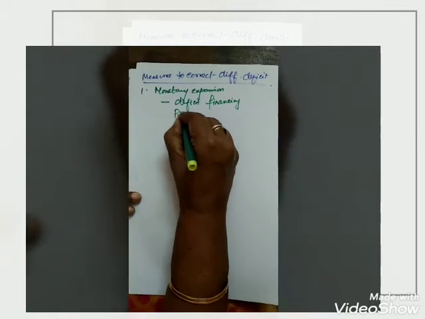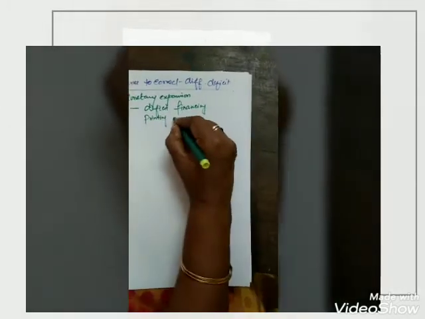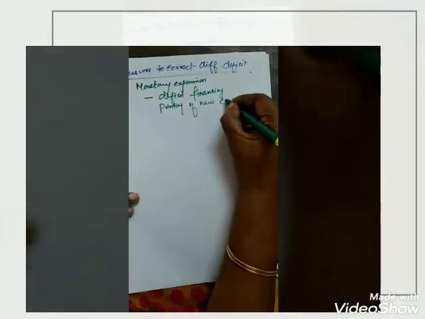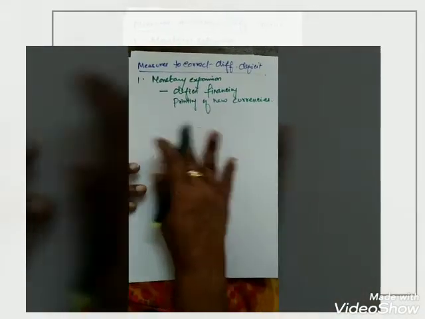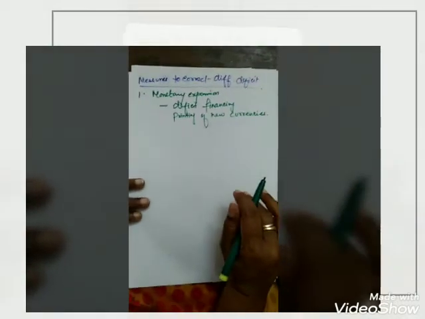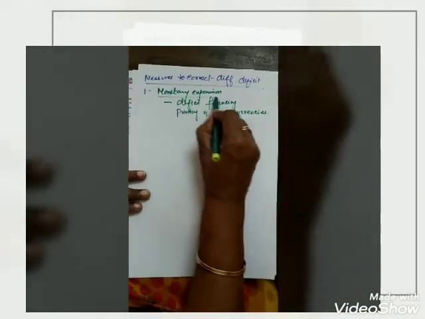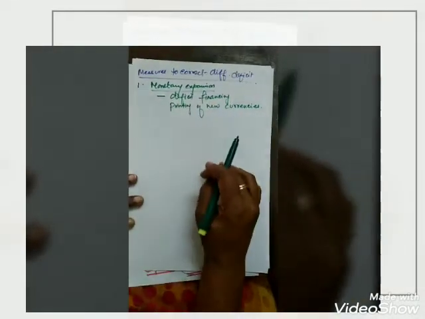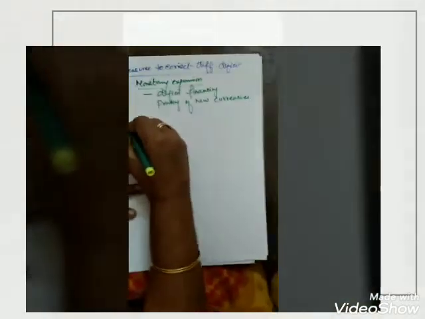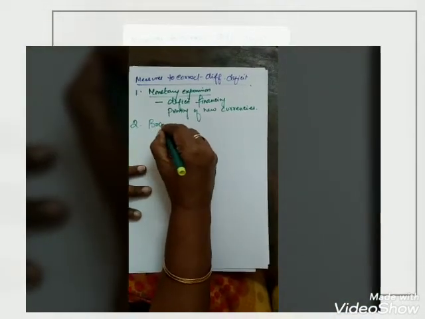Printing of new currencies. In that way we can correct the deficit. Printing of new currencies is called deficit financing. What is the other term? Monetary expansion. The second one is borrowing.